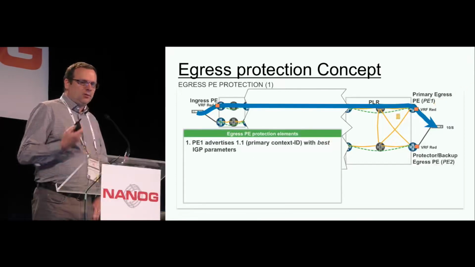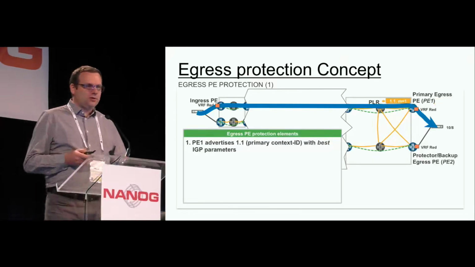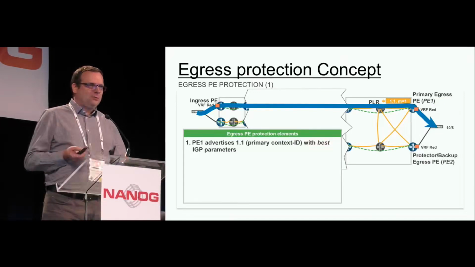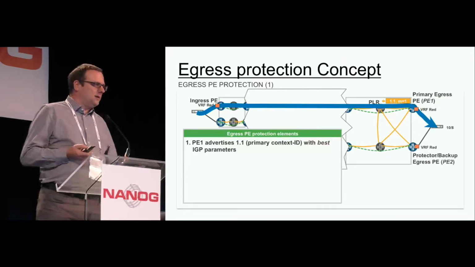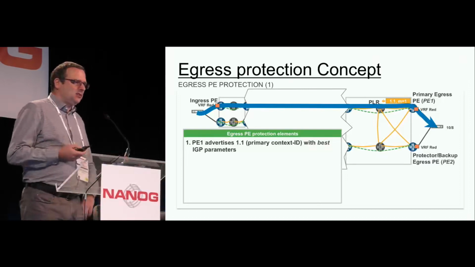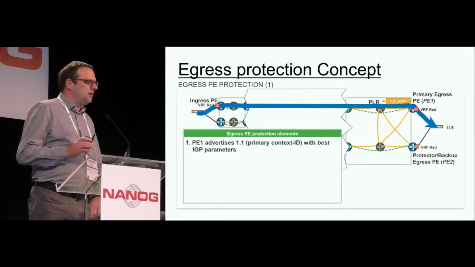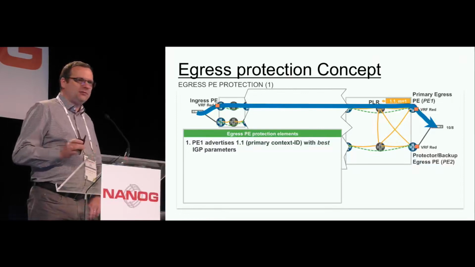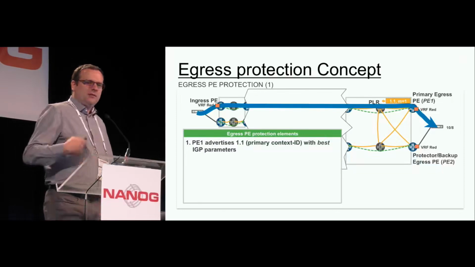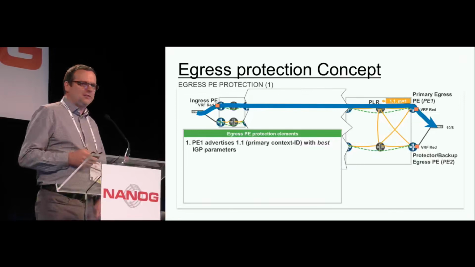All right, now we start to prepare our network for egress protection. As I mentioned, we will use something called the context ID as the next hop in BGP updates. This context ID is injected into the IGP by the primary egress PE. There are different methods for how we inject this context ID. I will not cover these methods because we do not have enough time. But let's assume that we inject this context ID with very good IGP characteristics.